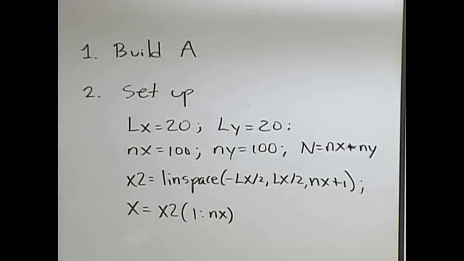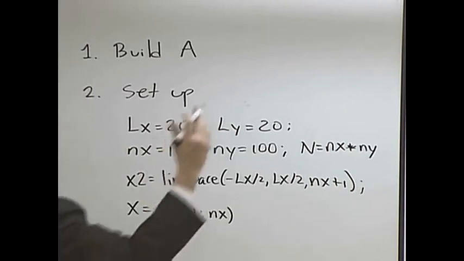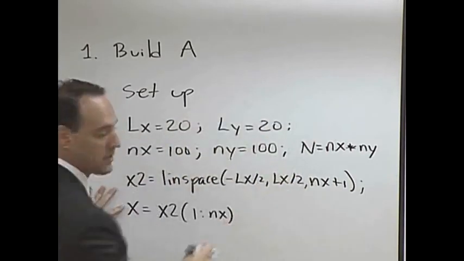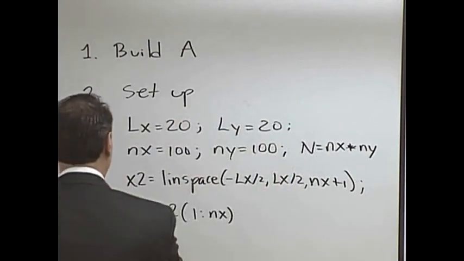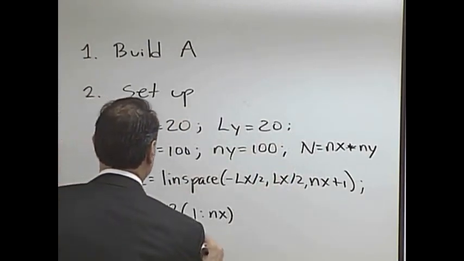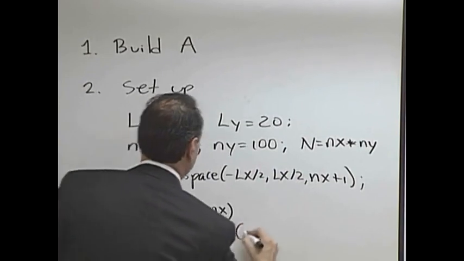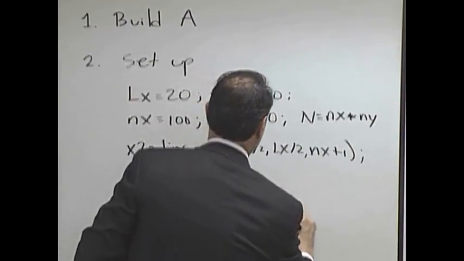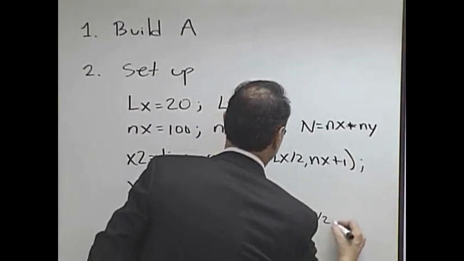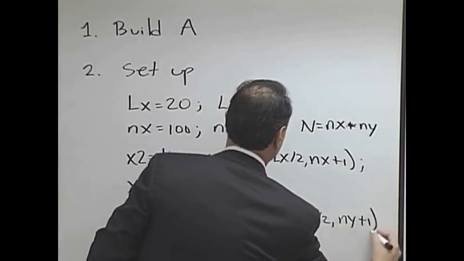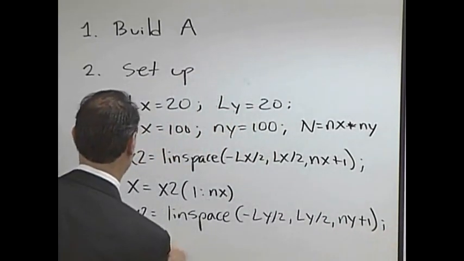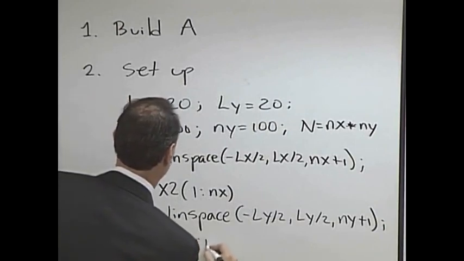Okay? So now we decided it's going to be this big with this many points. There's our x vector. You do the same thing with y. y2 is a linear space, negative Ly over 2 to Ly over 2, in ny plus 1 points, and y is equal to y2, 1 to ny.